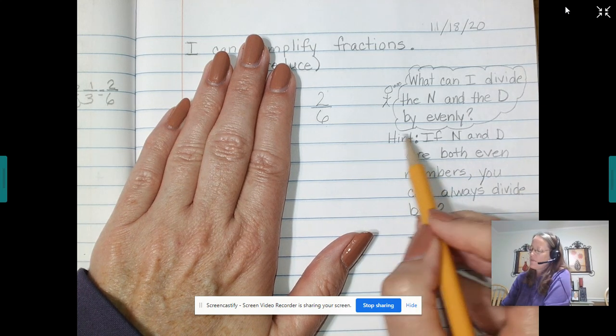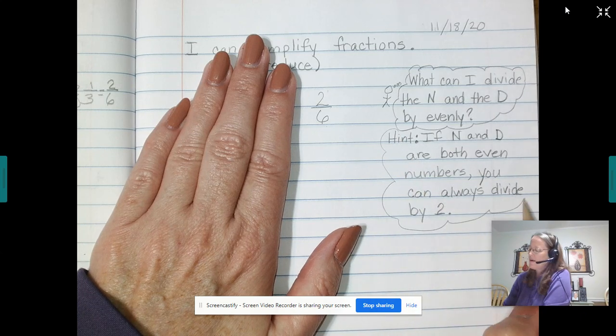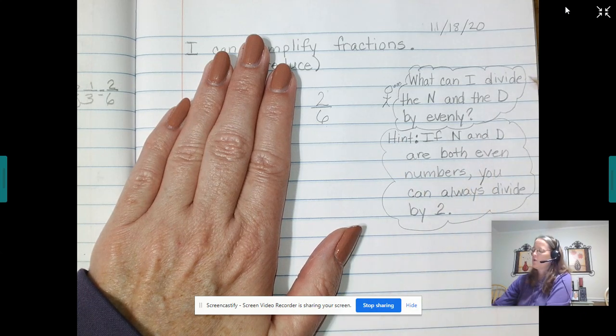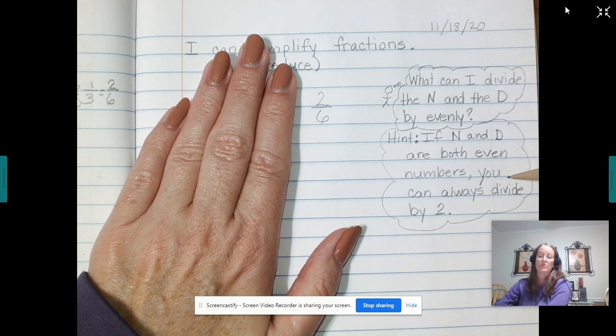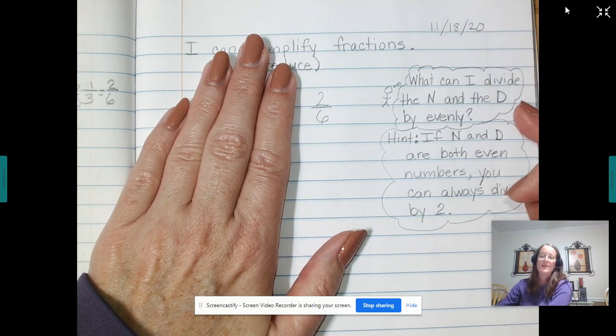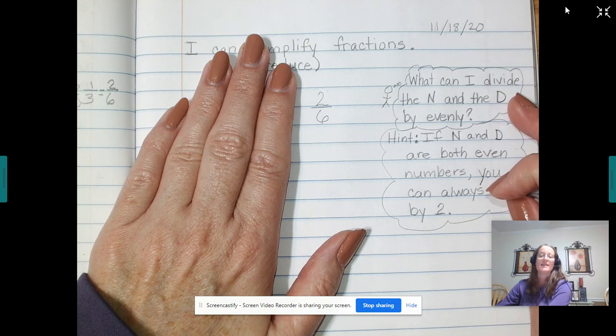We know that they will divide evenly by 2. So there's 2 really important things to remember. They need to go in clouds in your journal. Be sure that you have written this in your journal. So pause it and then come on back.